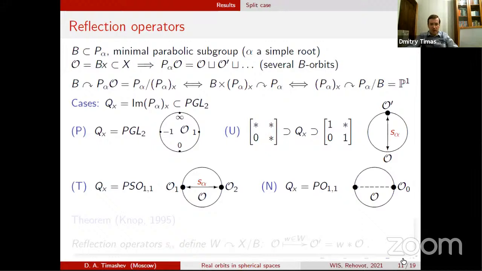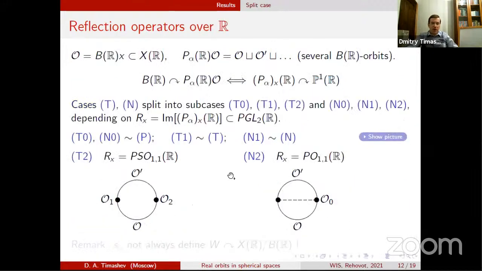But there are 2 other subcases, T2 and N2, in which there are more orbits. So in the T2 case, we have 4 orbits, 2 closed ones, and 2 open ones. I mean, open in this classical Hausdorff topology, of course, not in Zariski topology. And in the N2 case, there are, again, 2 open orbits, but still a single closed orbit, as in the complex N case.